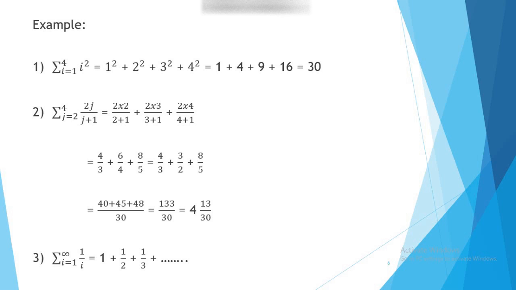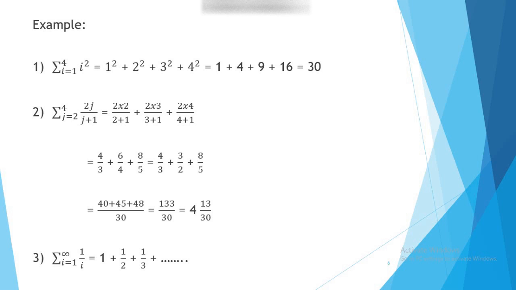The second is sigma of 2j over j plus 1, where j goes from 2 to 4. This time we substitute numbers from 2 to 4 for j. So 2 times 2 over 2 plus 1, plus 2 times 3 over 3 plus 1, plus 2 times 4 over 4 plus 1.